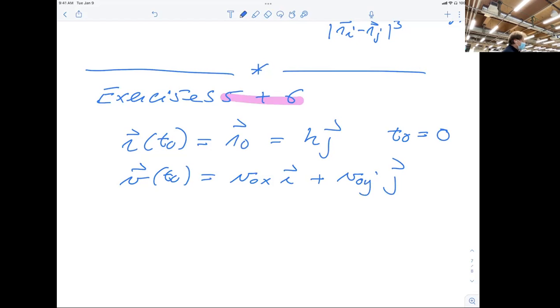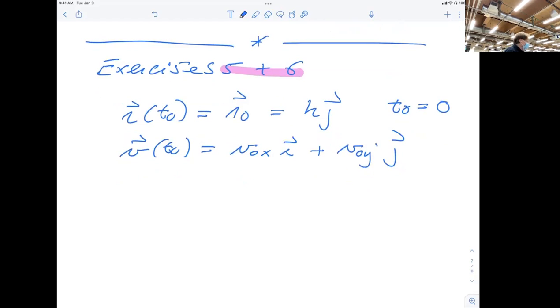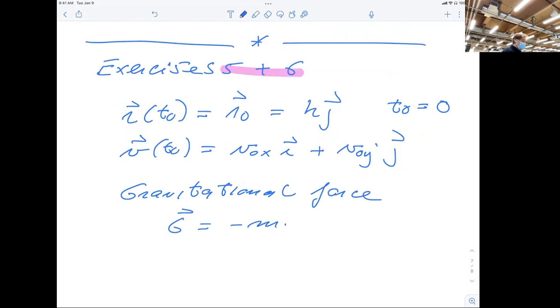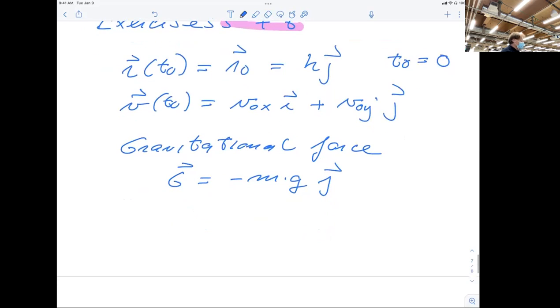So the system is under the influence of two forces. We have the gravitational force, which in our case is minus m times g, multiplied with a unit vector in the y direction. And then we have this additional force, which is some kind of air drag or air resistance.